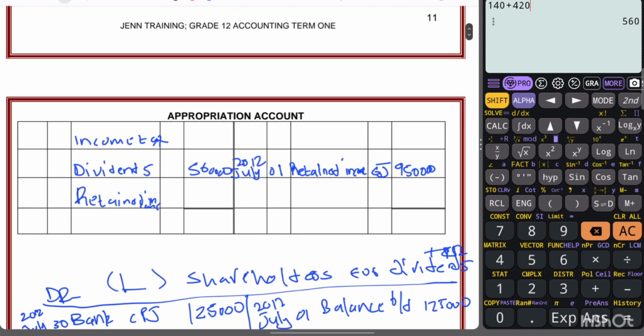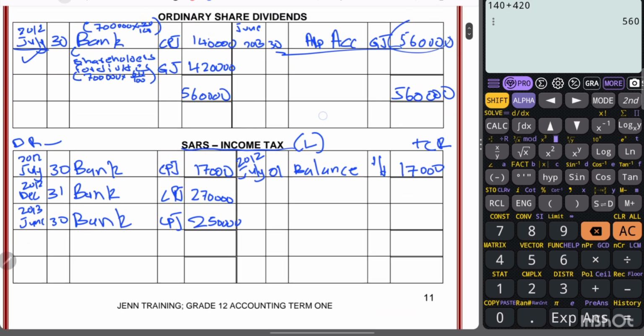We see the net income before tax under the appropriation account. This one is going to be net profit before tax now. And then it's going to be how much we are given? 1,700,000.